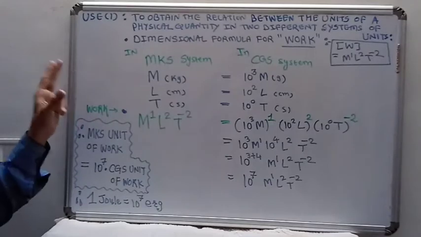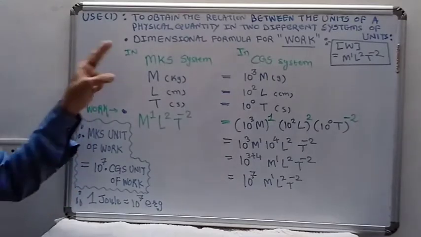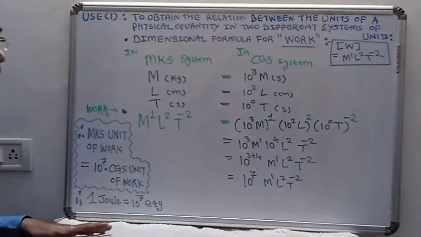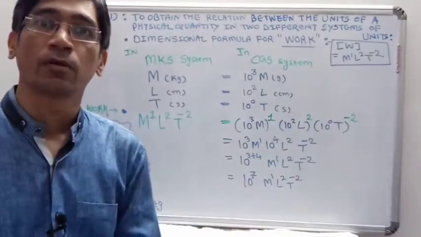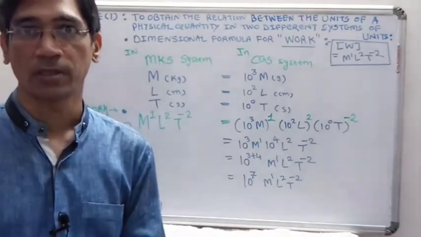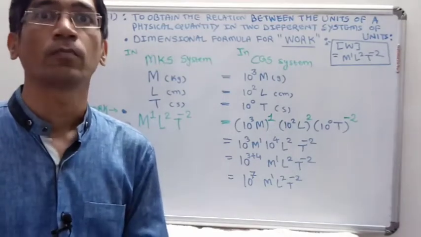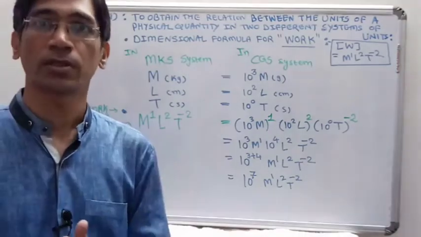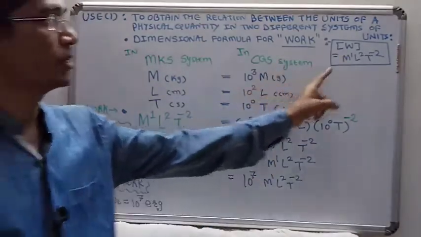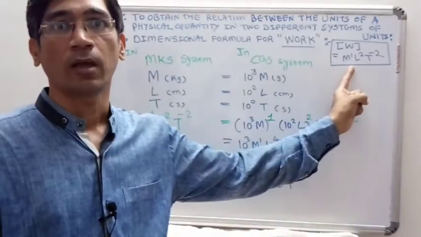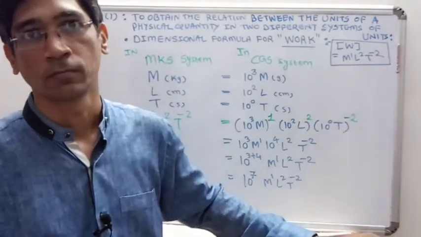Here we are taking one example. Let us take the dimensional formula for work. Work is force into displacement. The dimensional formula of force is M^1 L^1 T^-2 and the dimensional formula of distance is L^1. So the dimensional formula of work is given by M^1 L^2 T^-2.